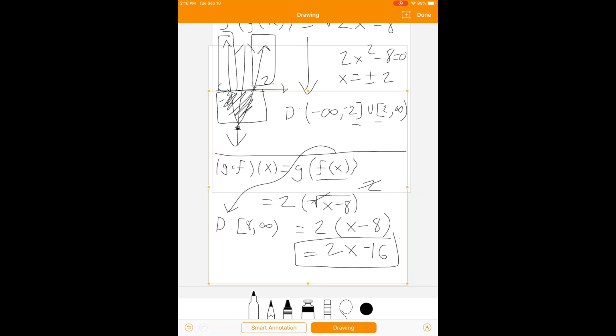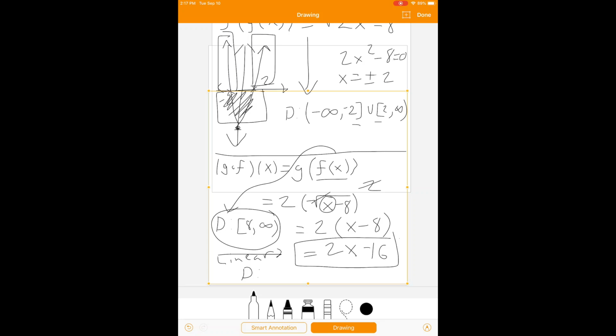But remember, the domain that we put in for function f was 8 to infinity. Our composite function is linear. Linear functions have the domain of negative infinity to positive infinity. But I was not able to put in any values less than 8 for x in the original function.